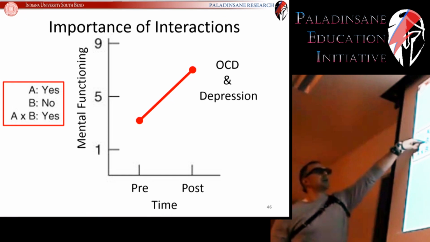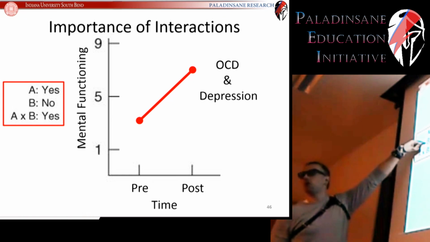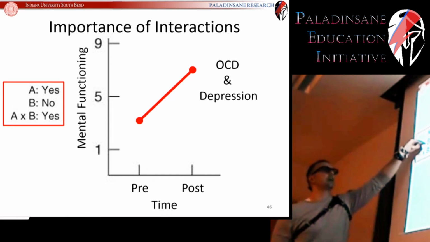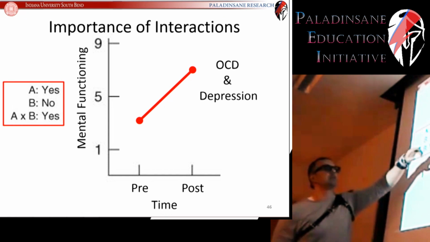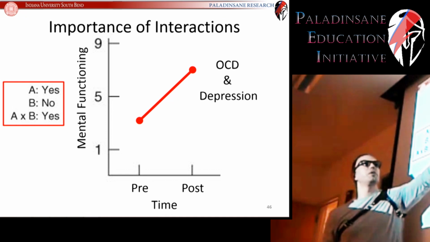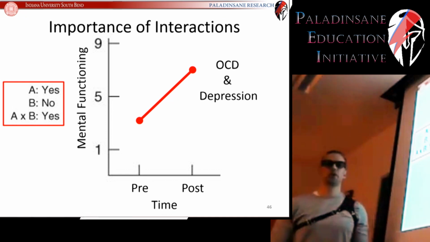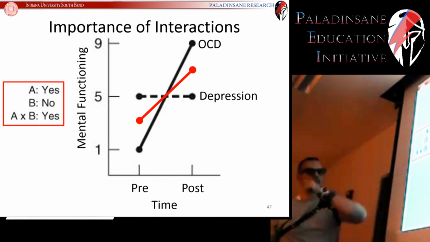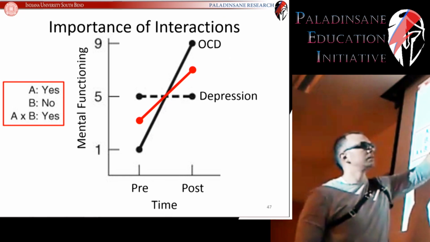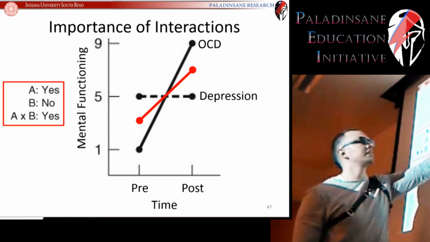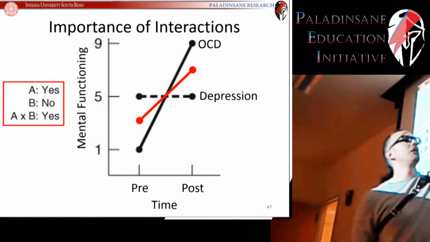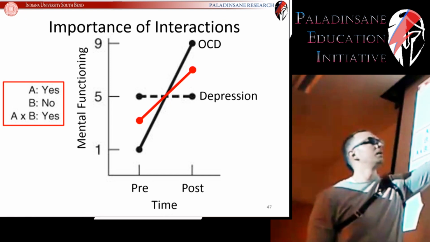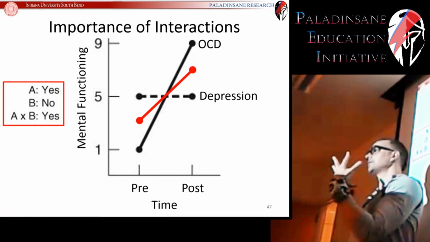If you then take a look at B over here and you say, oh great, there's no difference between OCD and depression levels of mental functioning, you would be tempted to say, yeah, this is for both of them. I have a drug now that's great for both. Where did this come from? It came from the fact that the average level of depression across the entire experiment, we're not talking pre or post anymore, the average level of depression is 5.